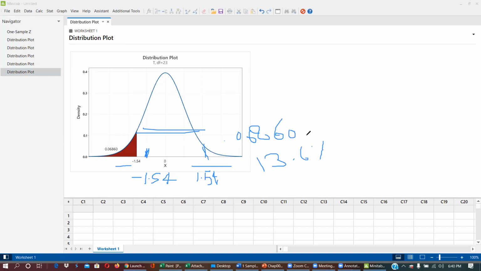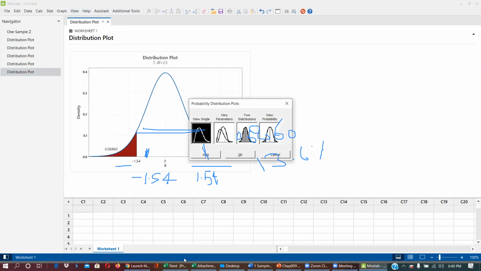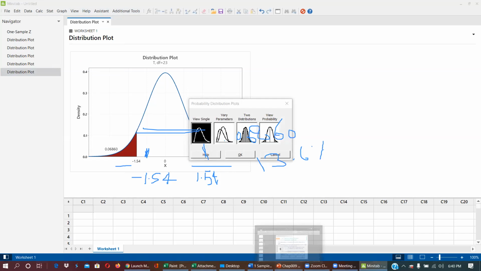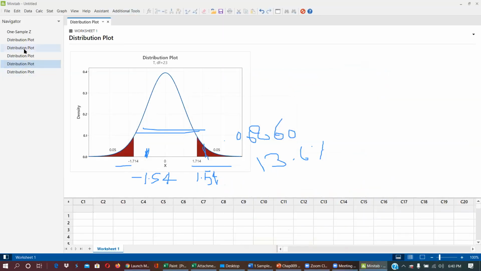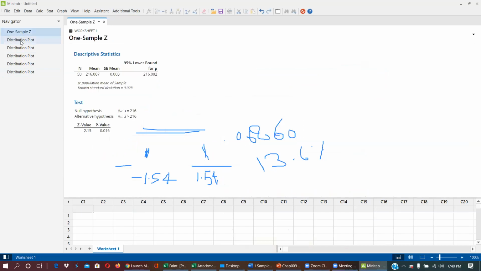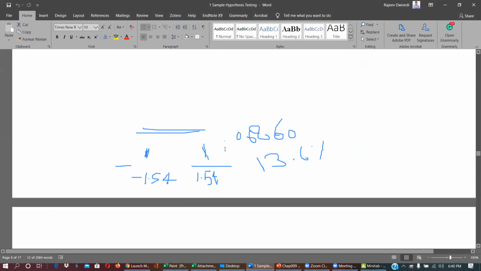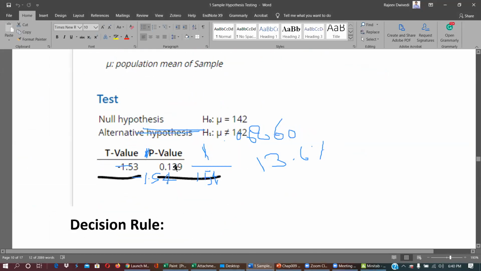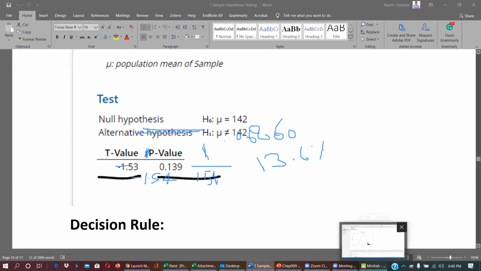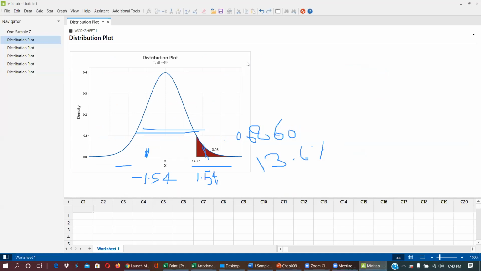Let me do one more graph, probability distribution. Here I think we get it directly. So 13.9%, let me do exactly 13.9%.